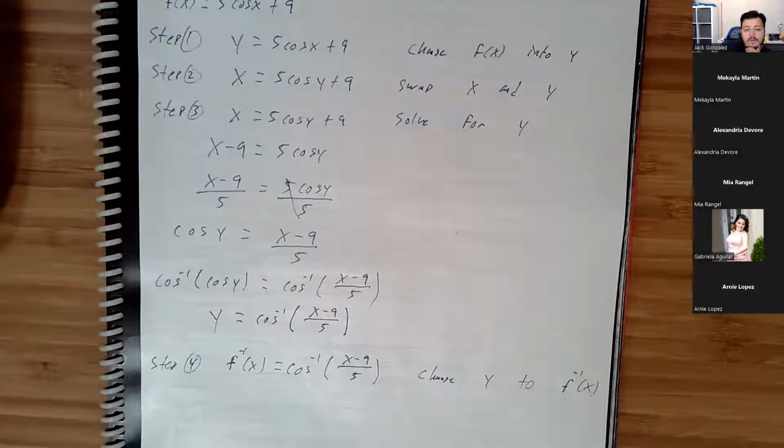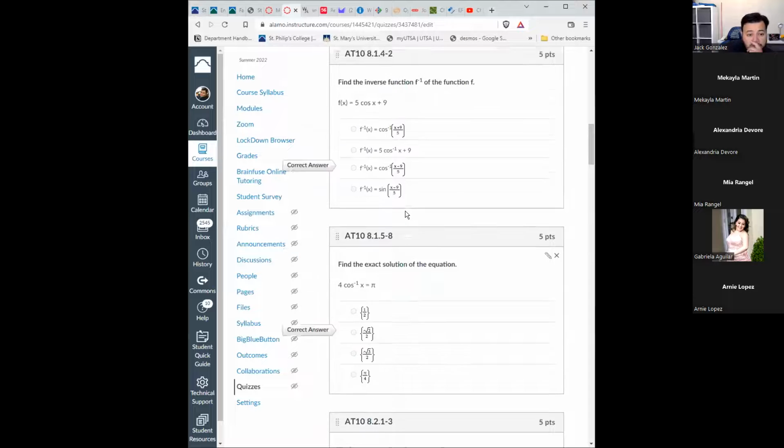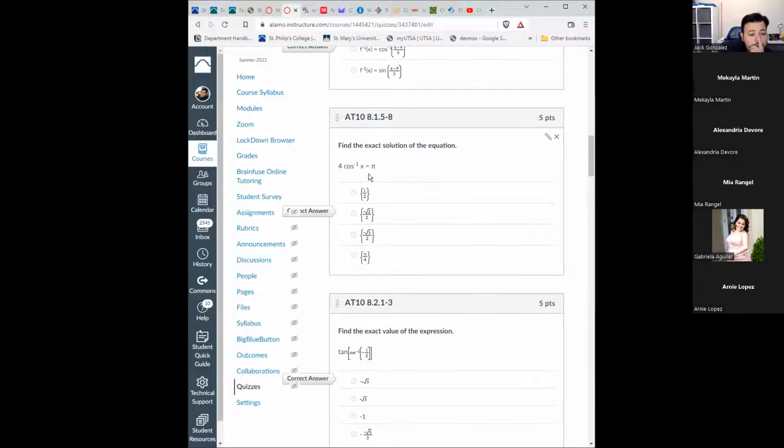All right. So not too bad, right? Okay. Number 5. It wants to solve for x. See, there's an inverse function.